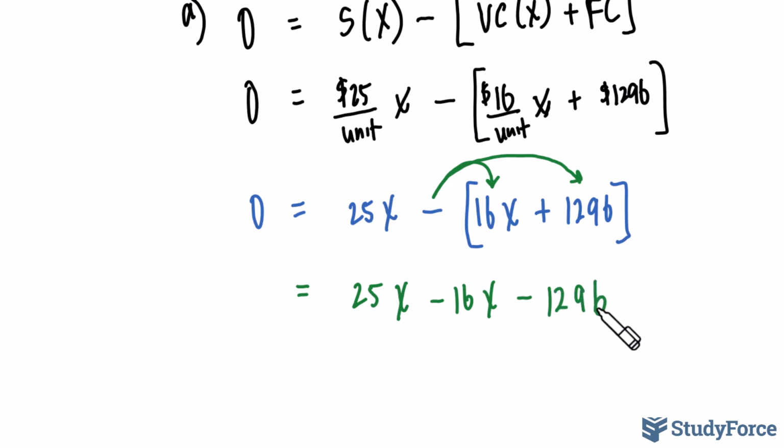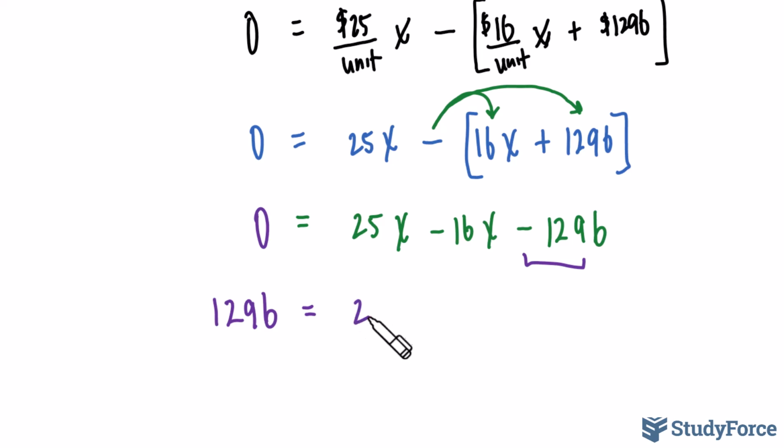This is known as expanding the expression. Then I will move that value over to the other side where we have the 0. And this makes it positive 1296, leaving us with 25x take away 16x. The two terms on the right are like terms. Combining them gives us 9x.